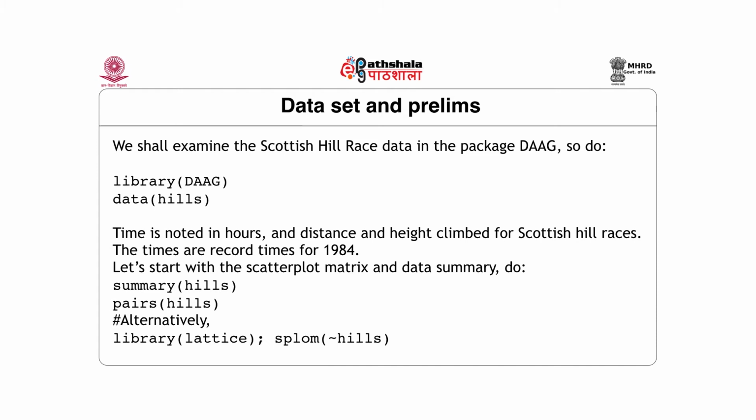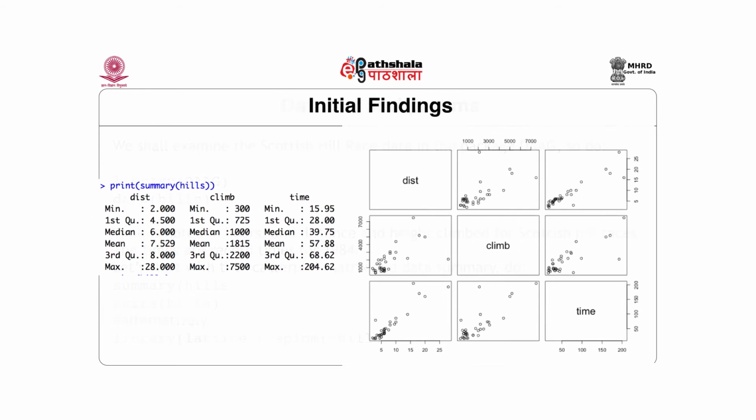The other thing that you can do is use another function called SPLOM, and for that you have to use the famous lattice library. I just wanted to keep things really, really simple, so I didn't really ask you to do this. But you can alternatively use library lattice and use the SPLOM function. When you do that, this is what you get to see.